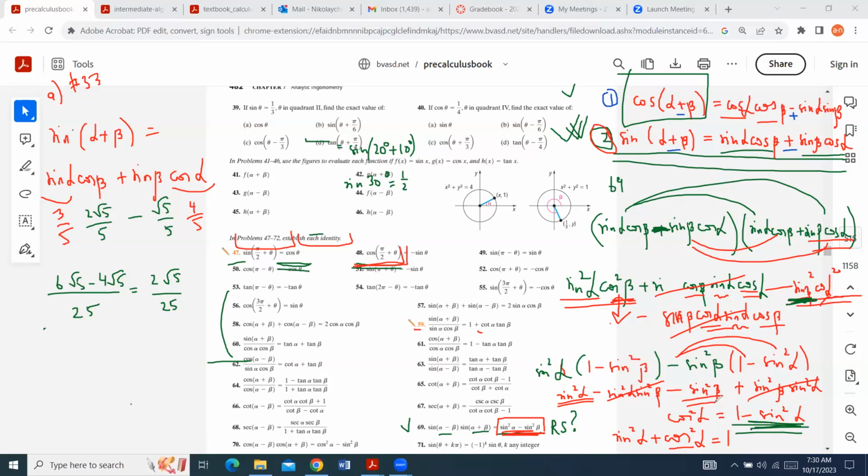So once again, the goal of all these little formula exercises is always the same. Look at what your goal is and try to get closer to it. And that's why here at this stage, I think this is an awesome example to illustrate it. I got rid of those cosine squares by turning them into sine squared, because our goal was only sines.